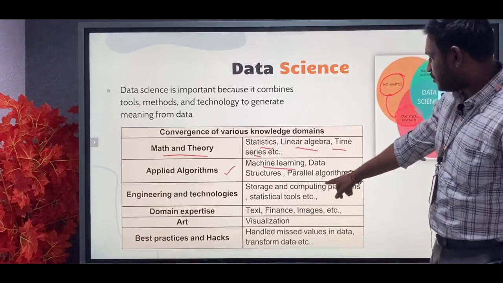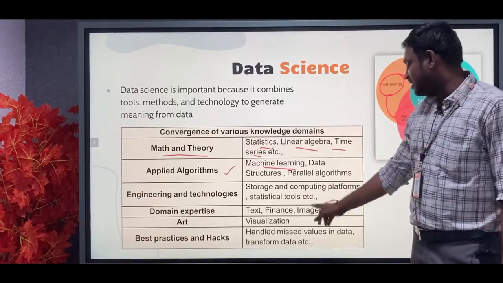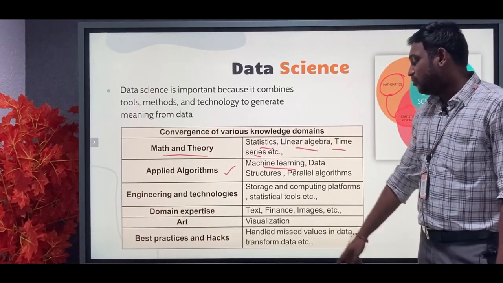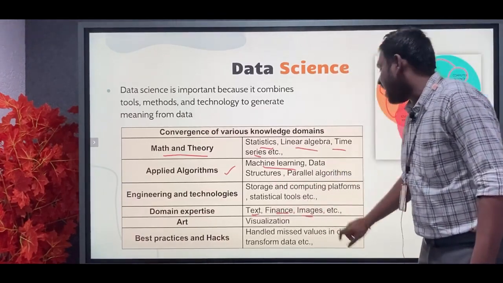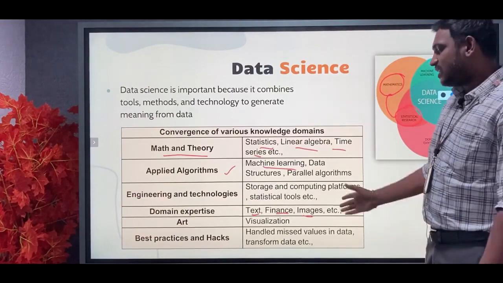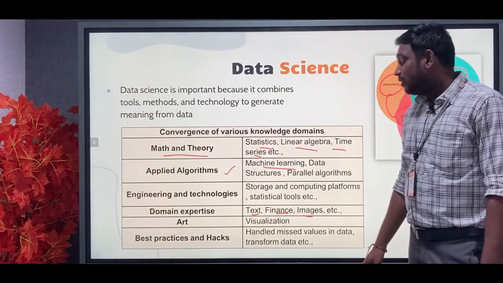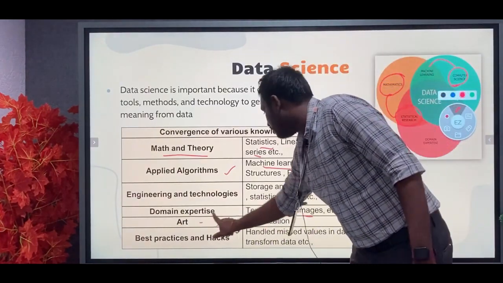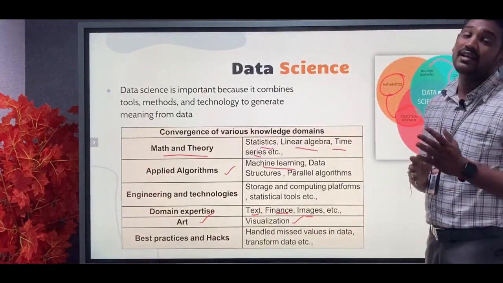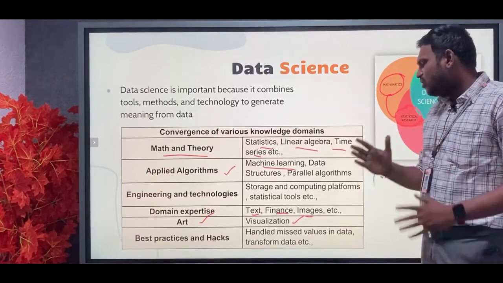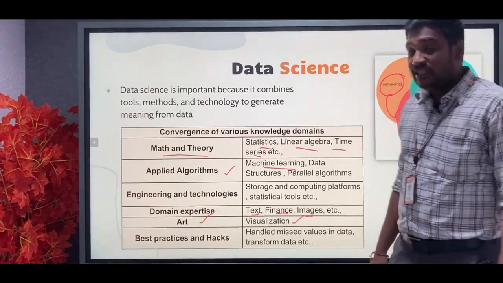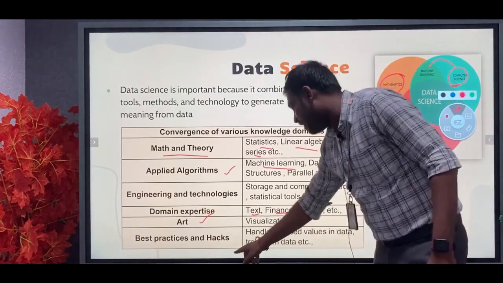You must have knowledge of storage and computing platforms, statistical tools, etc. And you must have domain expertise in maintaining text data, financial data, and data like images, etc. And you must be part of the art side: you must have some visualization tools, like graphs and bar charts. Knowledge in that is also helpful for you to become a good data scientist.